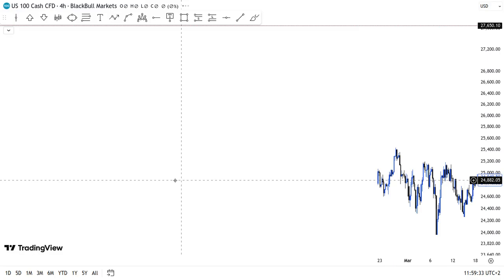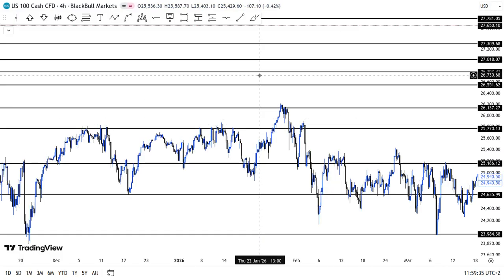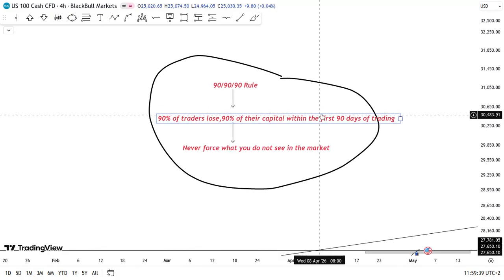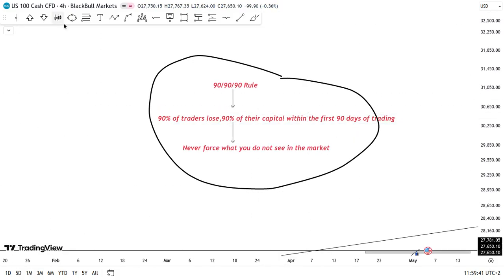this rule. To survive this rule right here, what I witnessed is that you need to master this. Also need to master this.